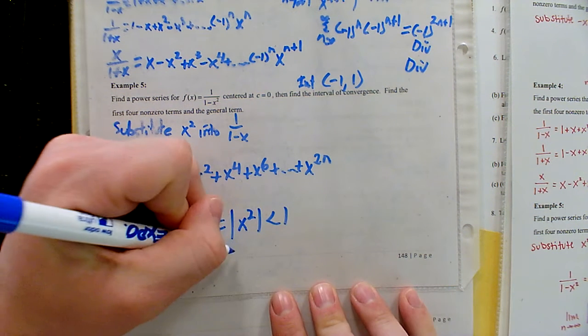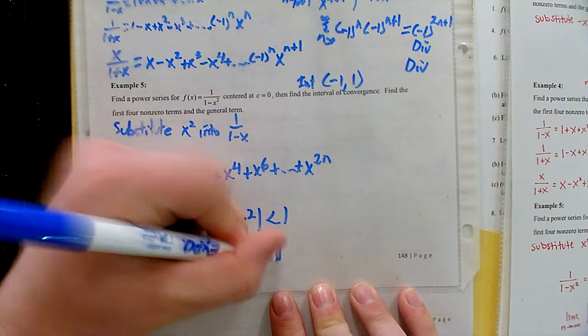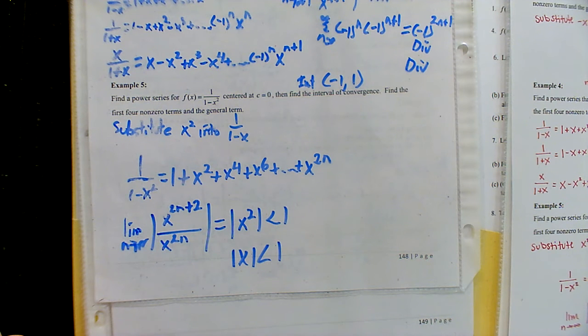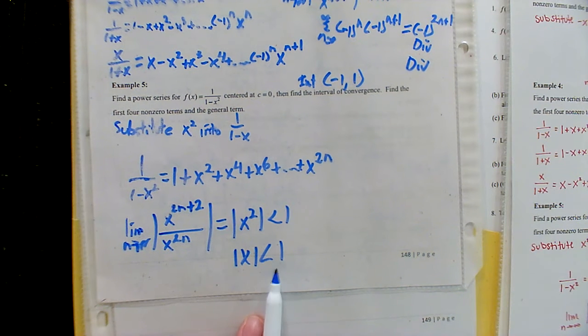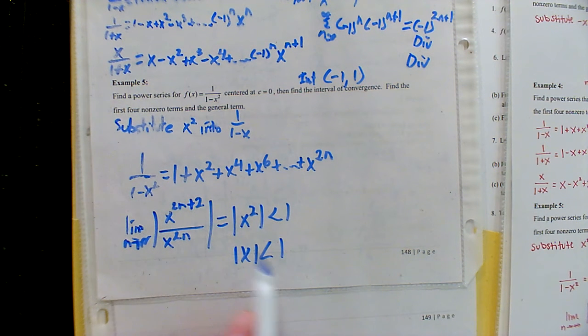If you take the square root, that becomes absolute value of x less than 1, because the rule for the ratio test is less than 1. So now we know the radius, again, for this problem is 1, centered at 0, so we're from negative 1 to 1 again.